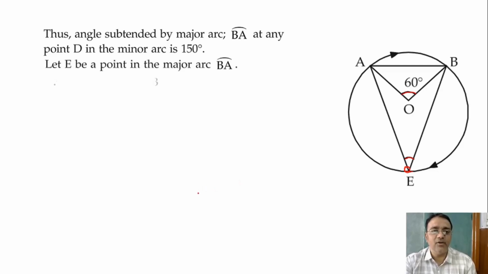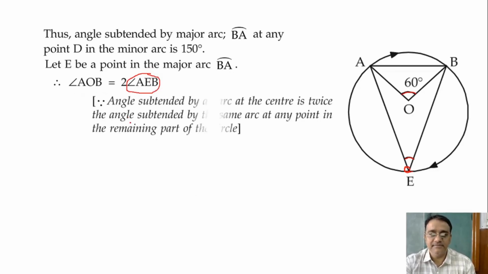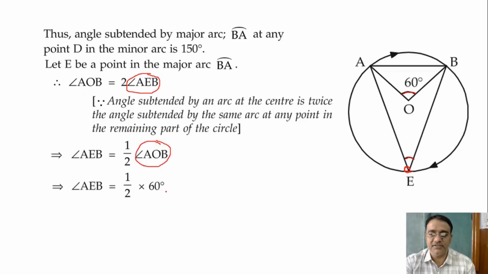So angle AOB is equal to 2 times angle AEB. So angle AEB will be equal to half of angle AOB. And this value we got already, 60 degrees. So half of 60 degrees will be equal to 30 degrees.